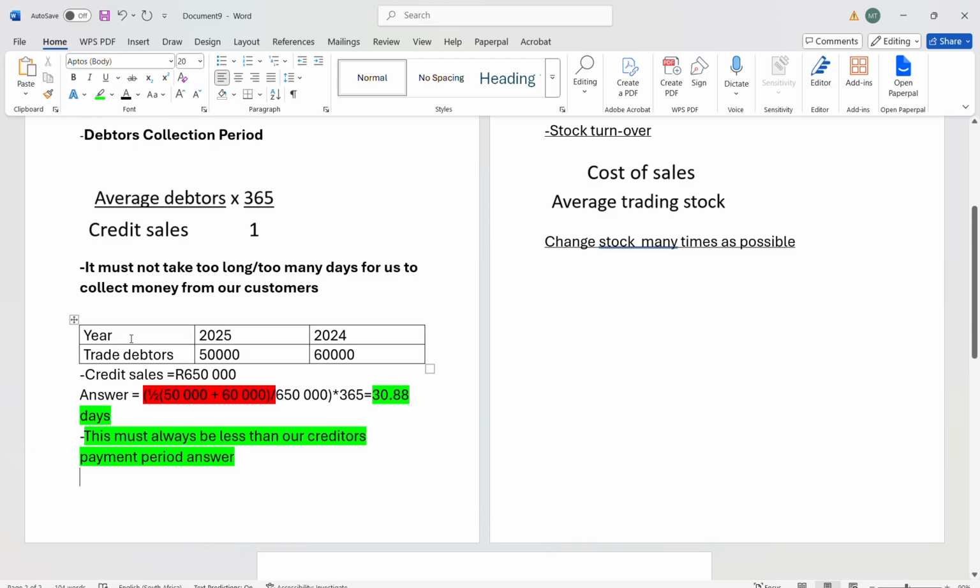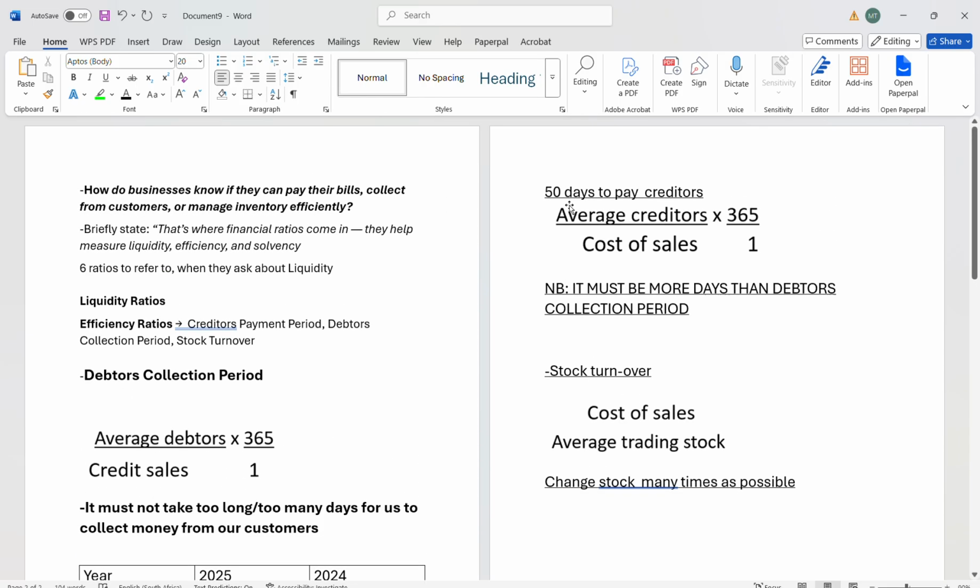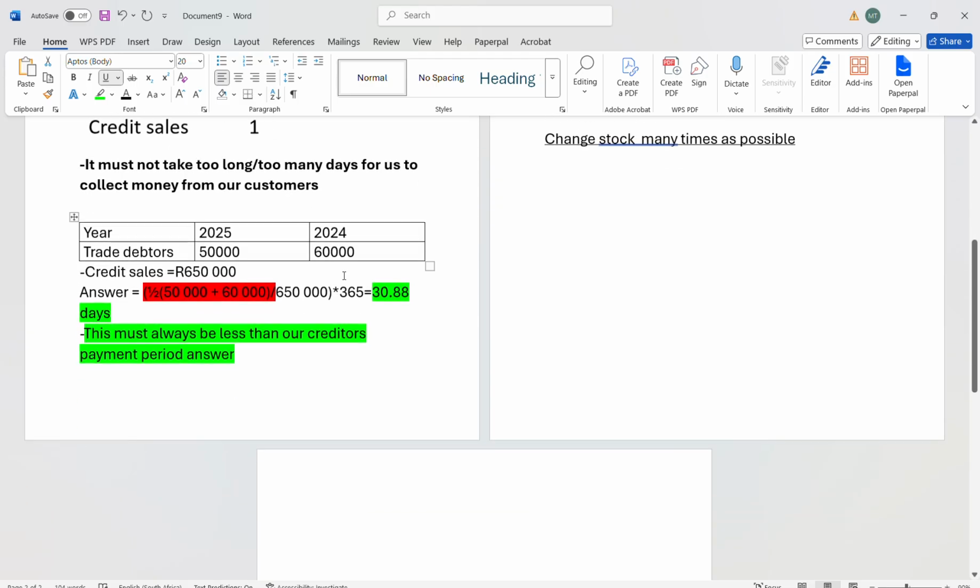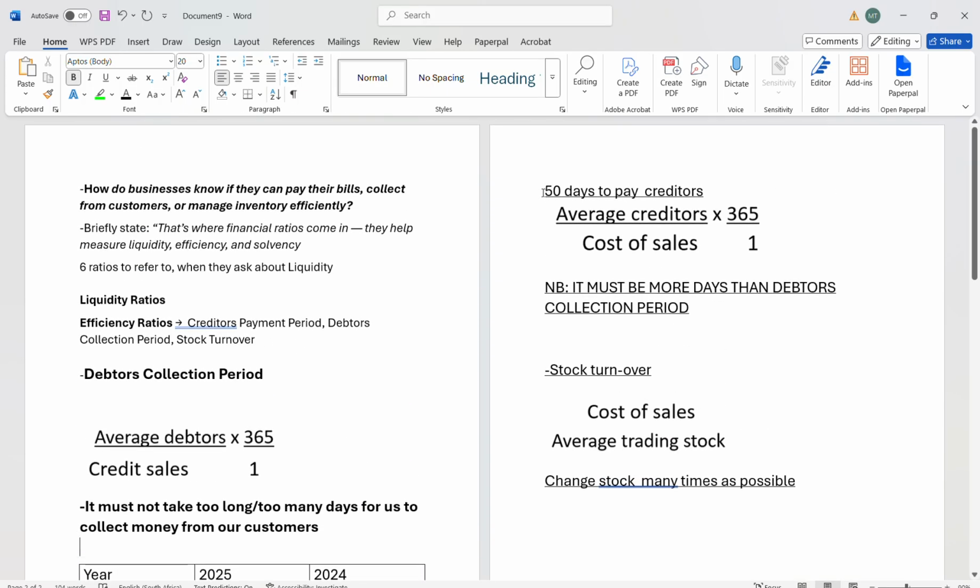But when dealing with the debtors collection period ratio, you have to compare it with the creditors payment period. Let me show you how. We just proved that it takes us 30.88 days to collect money from our customers. Then let's say you calculate the creditors payment period and you get 50 days as your answer.